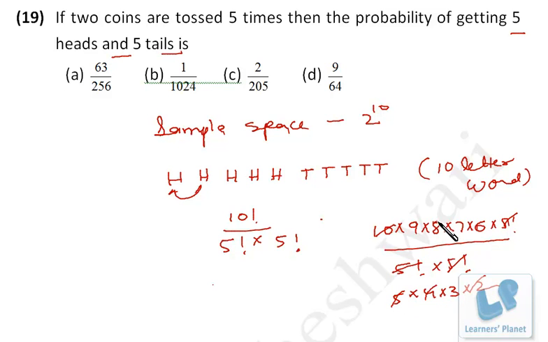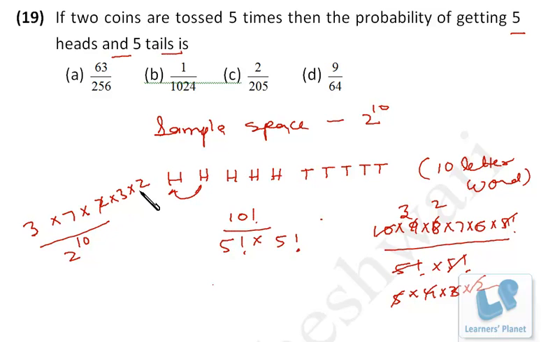It's 4 2s and it's 3 3s. So it's 2 raised to 10 in the denominator, and in the numerator we have 3 into 2 into 7 into 6. So 3 into 7 into 2 into 6. So it's 2 into 3 into 2. So it's 2 into 6.